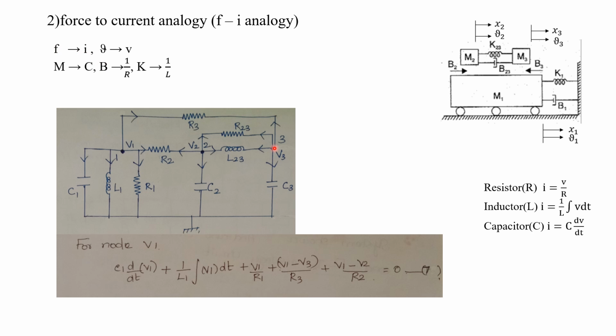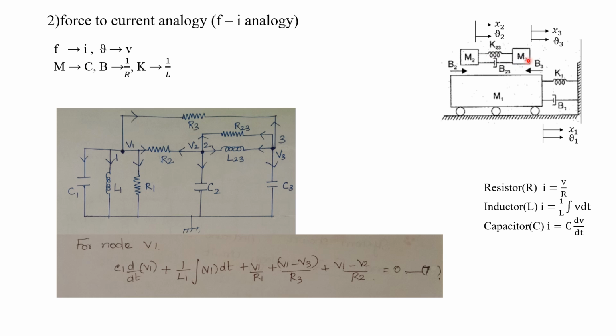Here no need to draw the current source at node 3. Now what are the opposing forces for mass M3? There will be an own opposing force due to M3. This M corresponds to C. So here we have to represent the capacitor C3 in between node 3 as well as ground.